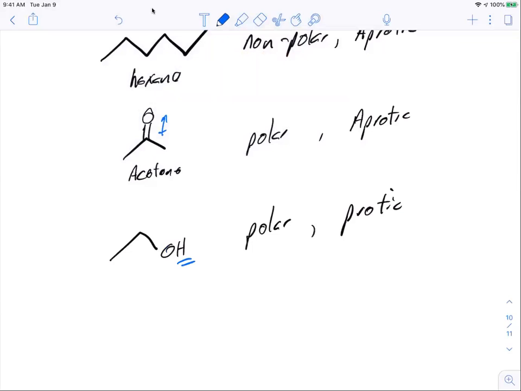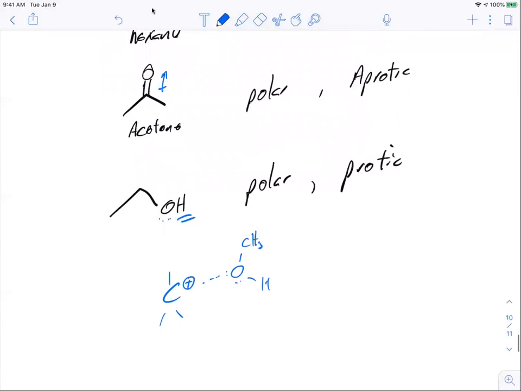So alcohol type solvents are going to be protic, and they're going to be polar. Why that's important is that the carbocation, especially if there's a lone pair, can be stabilized by that lone pair, and the leaving group can be stabilized by the proton.